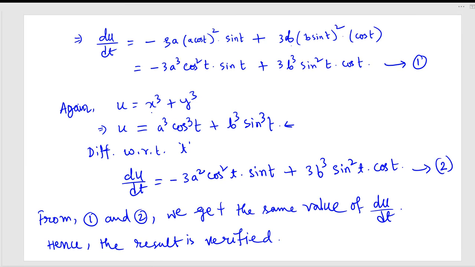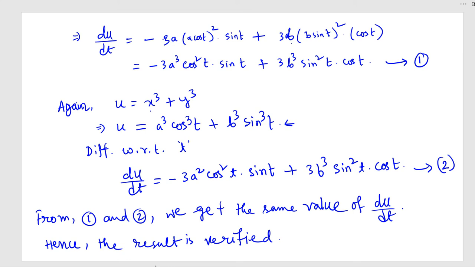Just tell me. No, this is a function. Yes, actually there is a typing mistake.